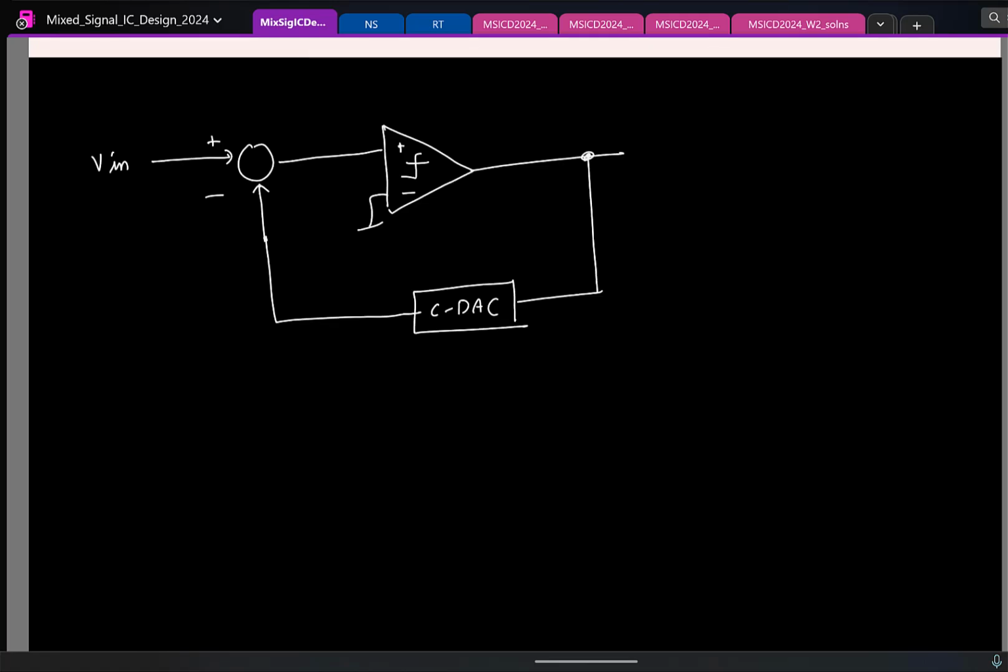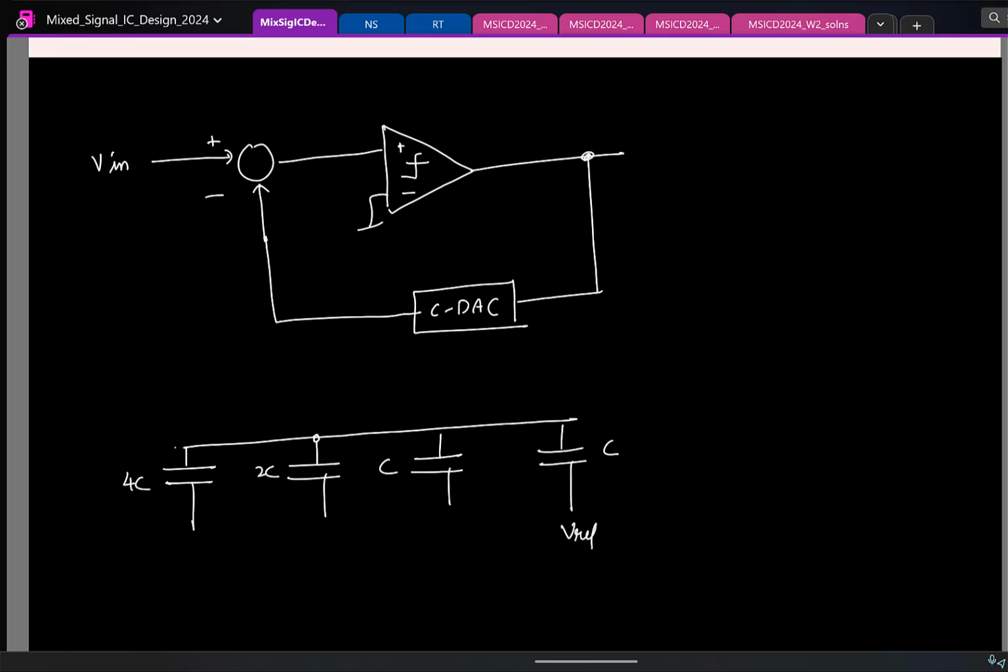And if you look at a capacitive DAC also, let's say I take a simple 3-bit case. I have 4 times C, 2 times C, and this guy is always connected to Vref. And in the switching schemes we saw, we had put in an initial voltage of V in minus Vref across this.